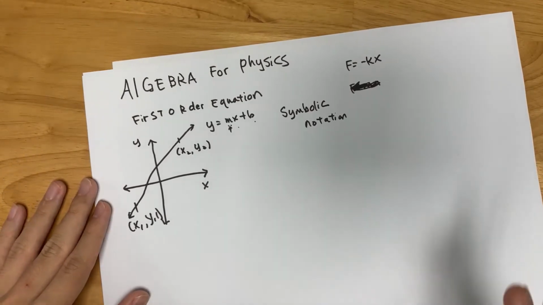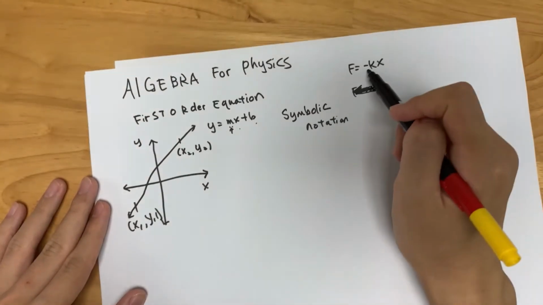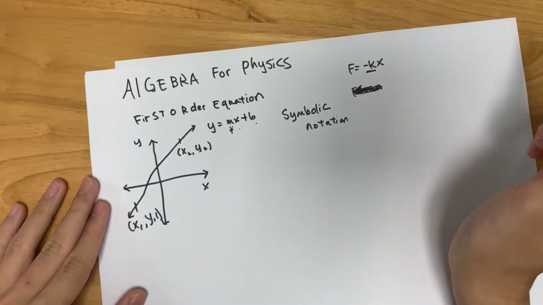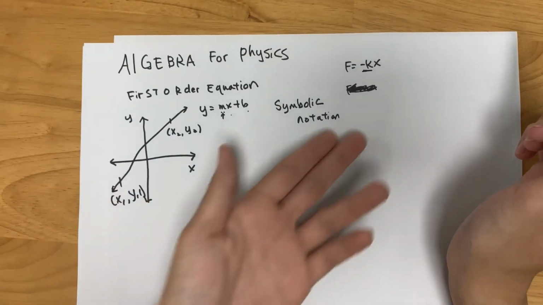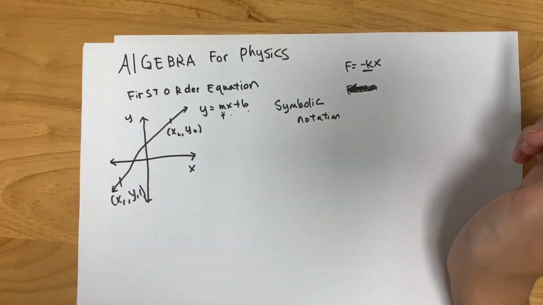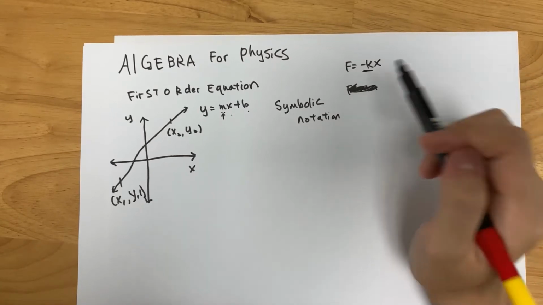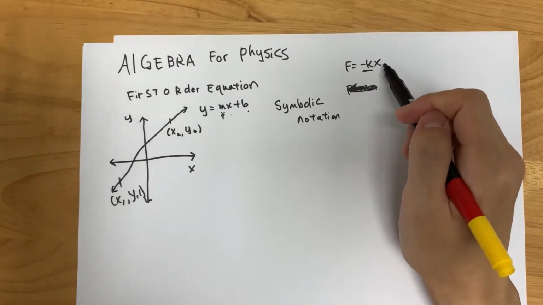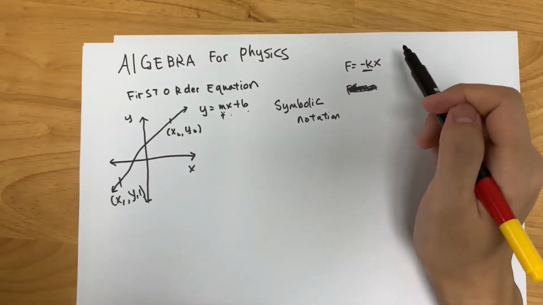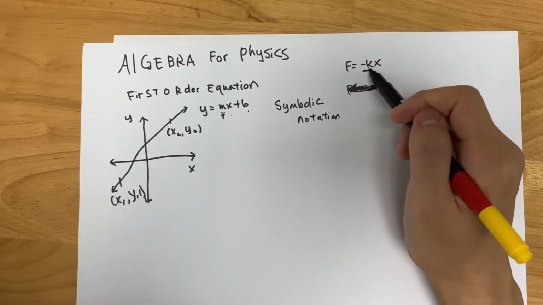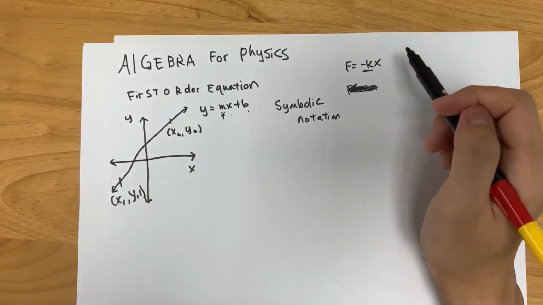Slope is very important. For example, in the f equals kx equation, k will be the slope. Physics problems will ask you, there's 100 Newtons and the change of x is like 10 centimeters. What is the k value? How would you do it?